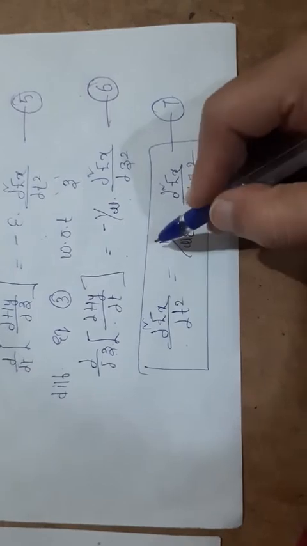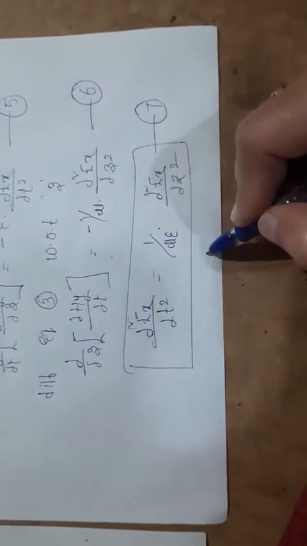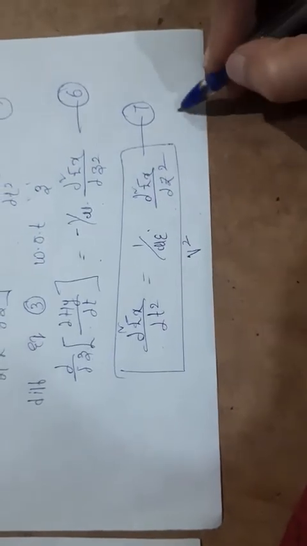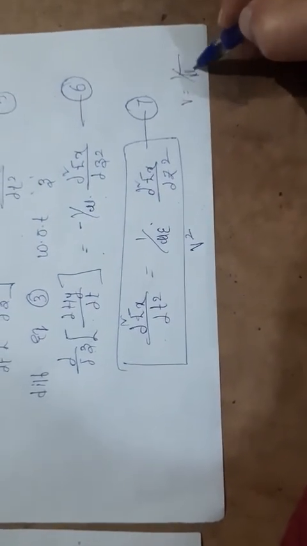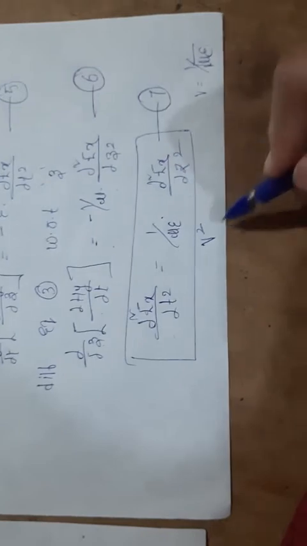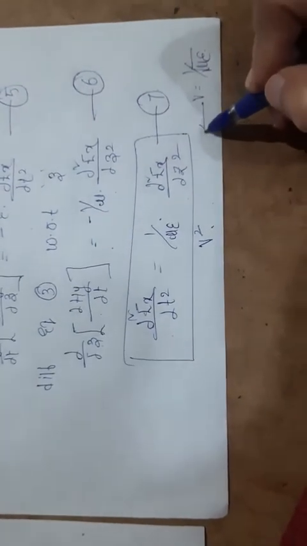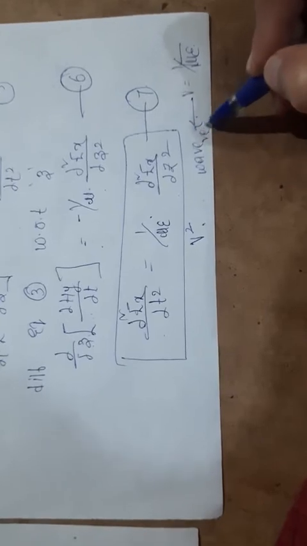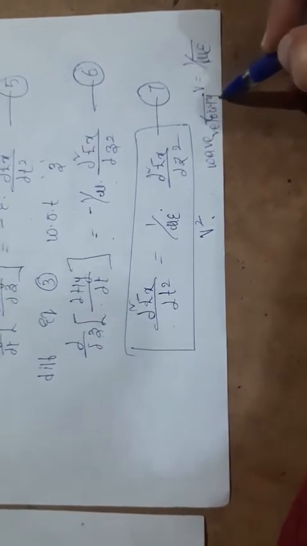Now this 1 by mu epsilon is known as v square. So v is equal to 1 by root mu epsilon. This v is nothing but the velocity of propagation or wave velocity.